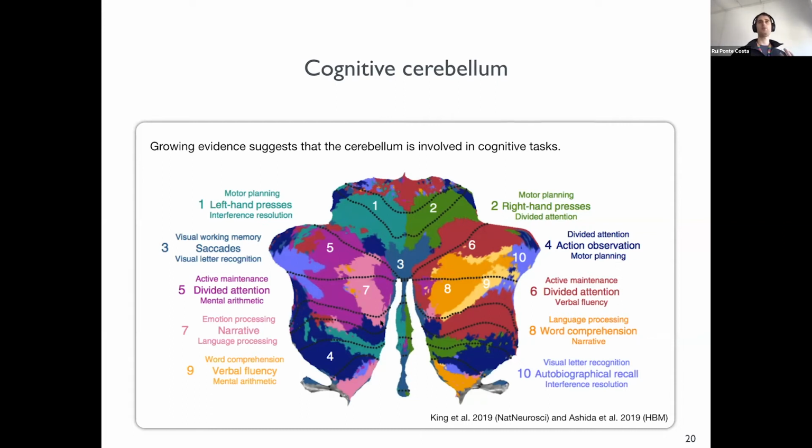So for example, what they observed was that cerebellum is engaged in many different tasks, represented by the different colors that you see here. And I will just give you some examples. For example, narrative, language processing, and even emotion processing in this region number 7, or word comprehension in this region number 8 here. So this again suggests that cerebellum is doing much more than just motor tasks.